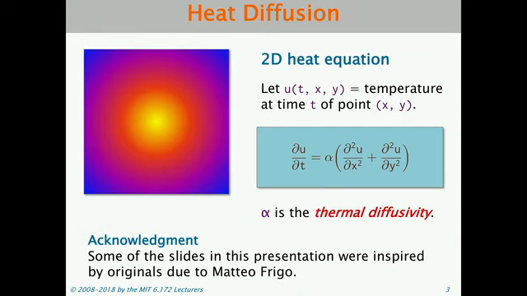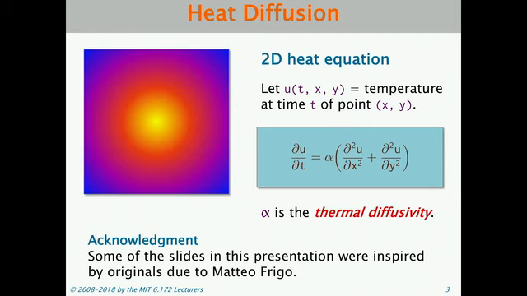And this equation is in 2 dimensions. And we want to simulate this function u that has 3 parameters, t, x, and y. T is the time step. X and y are the xy coordinates of the 2D space. And we want to know the temperature for each xy coordinate for any point in time, t.